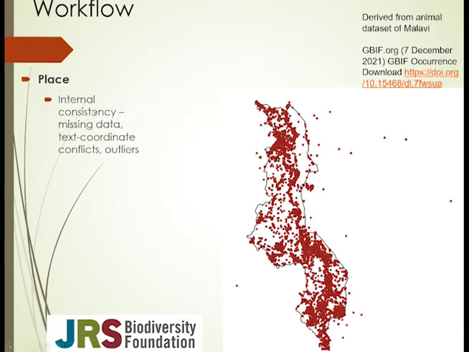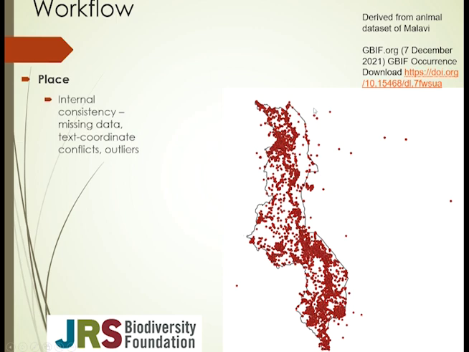Now, for the places, internal consistency, missing data, the test coordinate conflicts, etc. This is your country, you see, and these are the animal records published with respect to your country that are supposed to belong to your country.